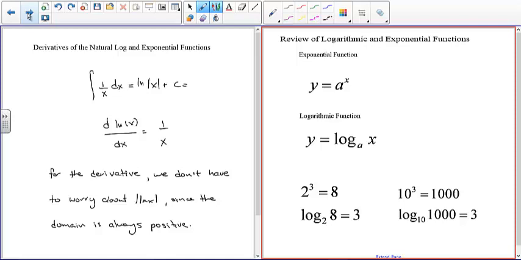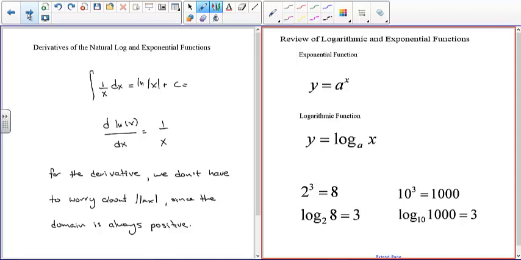Okay, so now we're going to do a little review of natural log, properties of natural logarithms, and exponential functions too. So this is pre-calculus stuff. The general exponential function is y equals some base number a raised to the variable x.